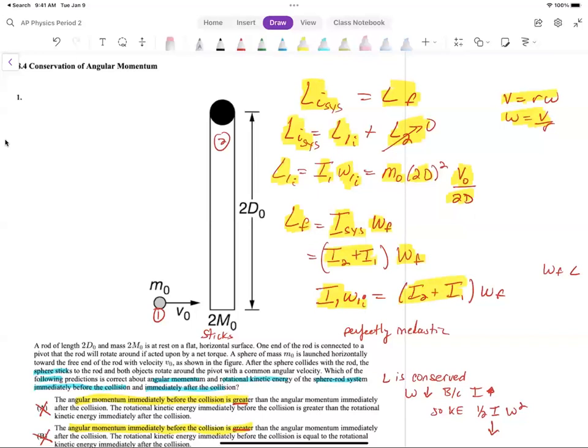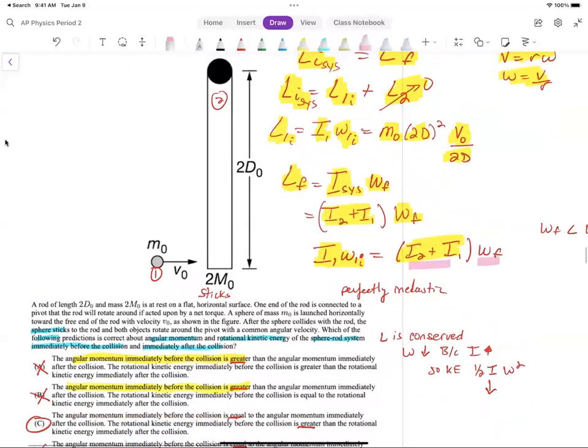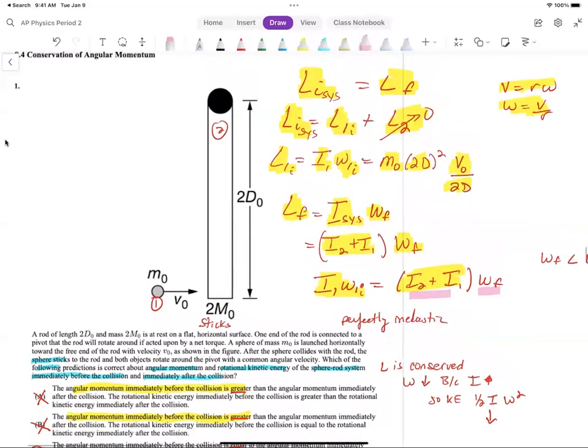And notice that the rotational inertia had to go up, so we know this angular speed had to go down, okay? But the total angular momentum on each side, before and after, is the same. I was only using that as a way to explain all the math related to that.